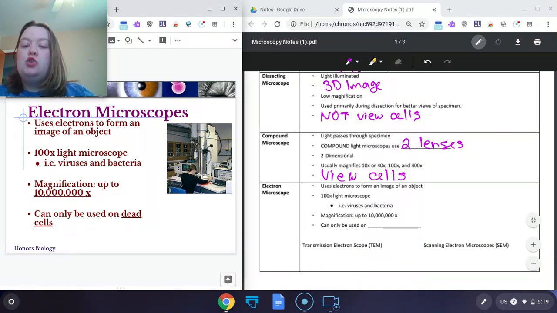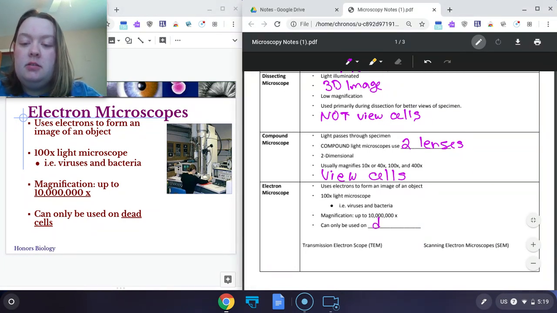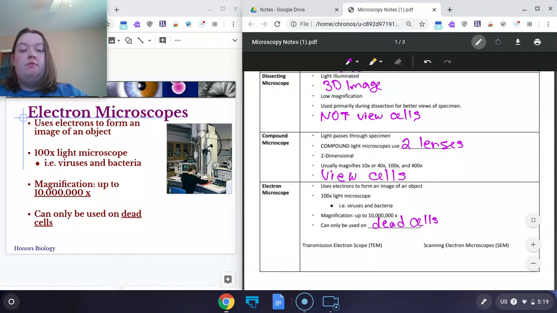So this is a much, much higher magnification. And if you look at this microscope here, you can see that yes, it's much more complex, and it's going to allow you to view things that are much, much smaller. And this can only be used on dead cells. And electron microscopes are going to be what helps us visualize things like DNA.